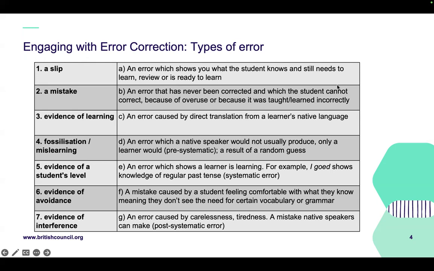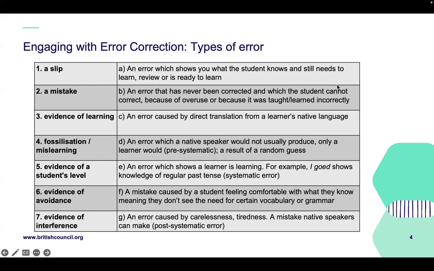Okay, look at 6. Yes, evidence of avoidance. With F, yes, F. Mistakes. And 7 is with C.